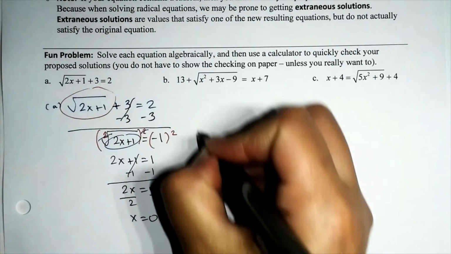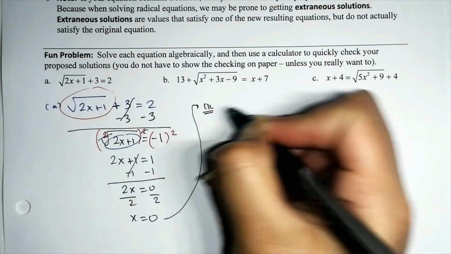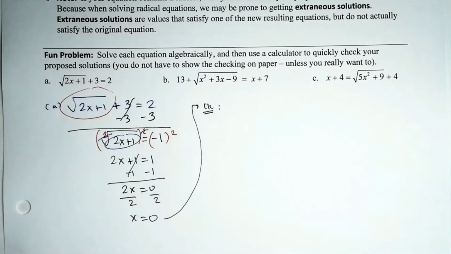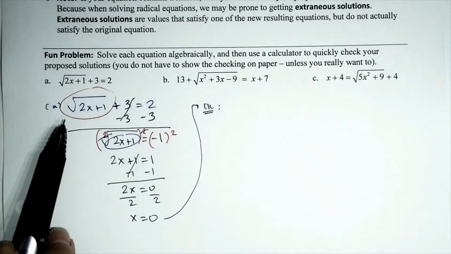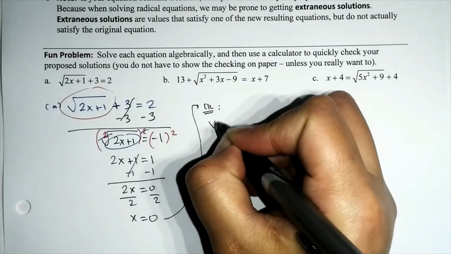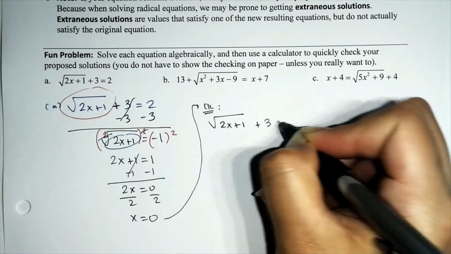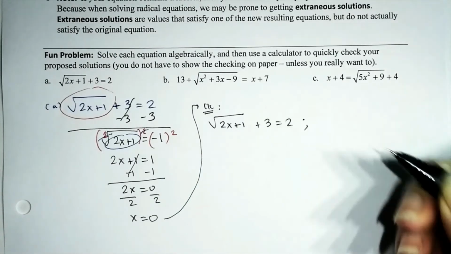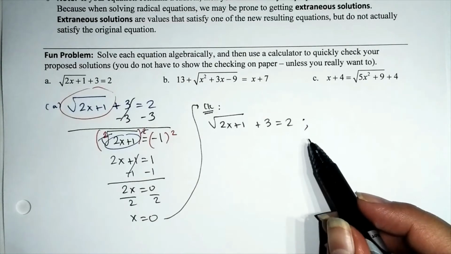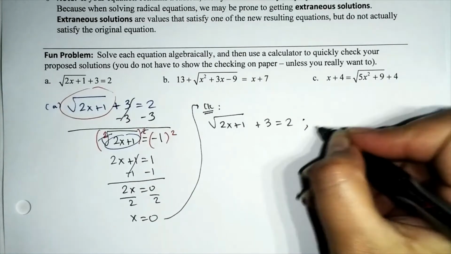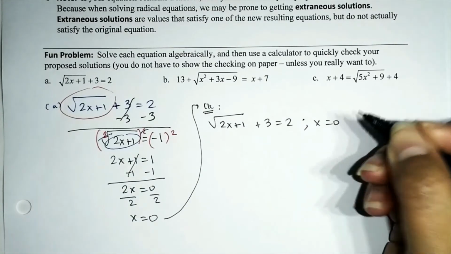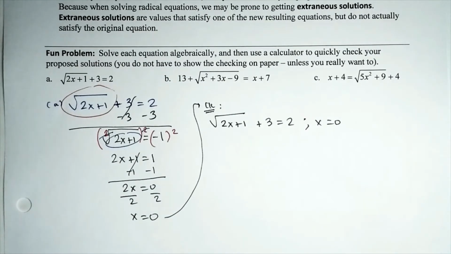Okay, so we're gonna check it. So the equation, we always check it against the original equation. We have square root of 2x plus 1 plus 3 equals 2. Whenever I'm gonna plug in something, I like to put a semicolon, and then to the right of it, I'll write down what I'm checking.